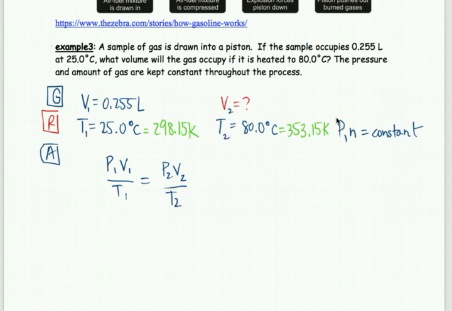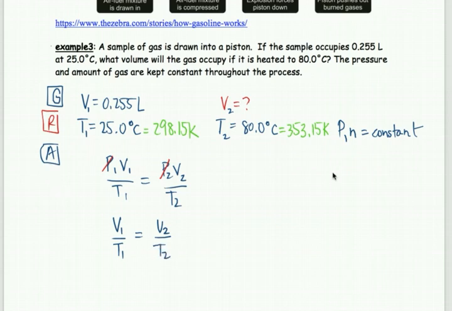So what we noticed is that we're told the pressure and the amount are constant. Amount isn't involved in this calculation, but pressure is. And since it's the same, you can just ignore the pressure in this formula. So it ends up just being the first volume over the first temperature equals the second volume over the second temperature.